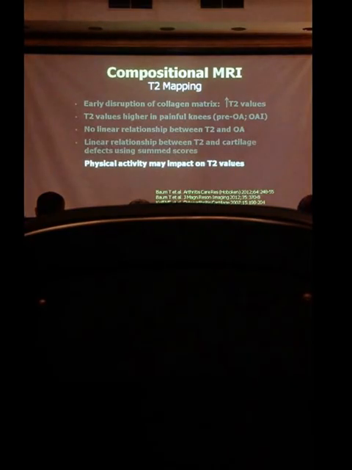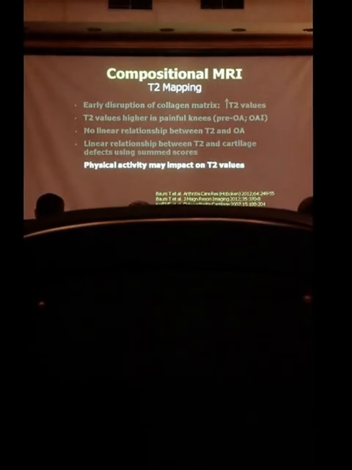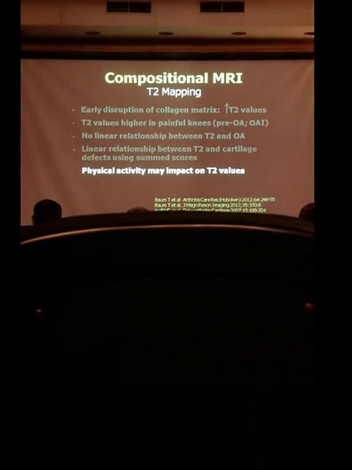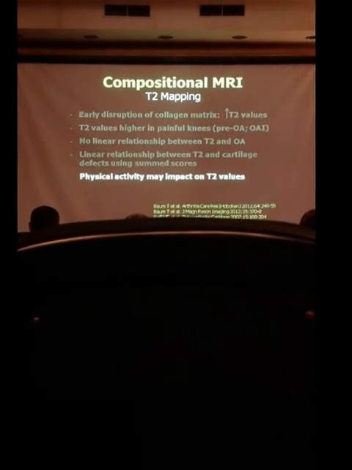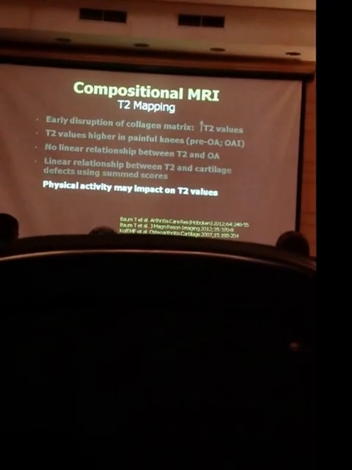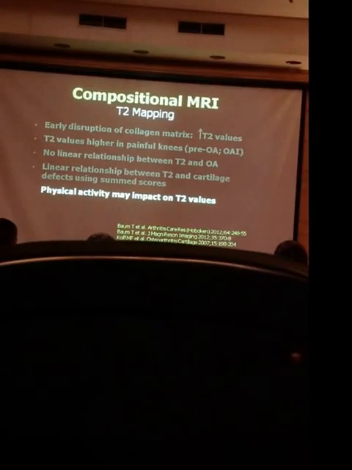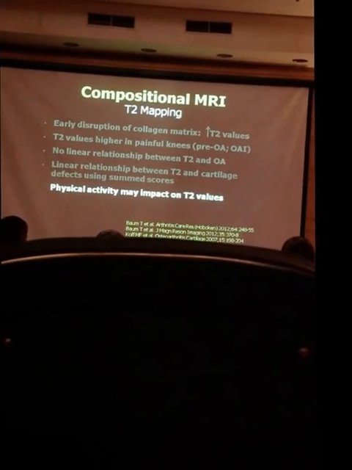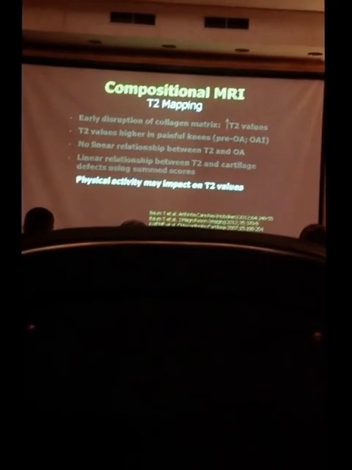Something you have to know when applying compositional techniques, not only T2 mapping, but all compositional techniques, is that physical activity may change the T2 values of cartilage. Especially, it might increase the T2 values, and this will simulate early cartilage degeneration.